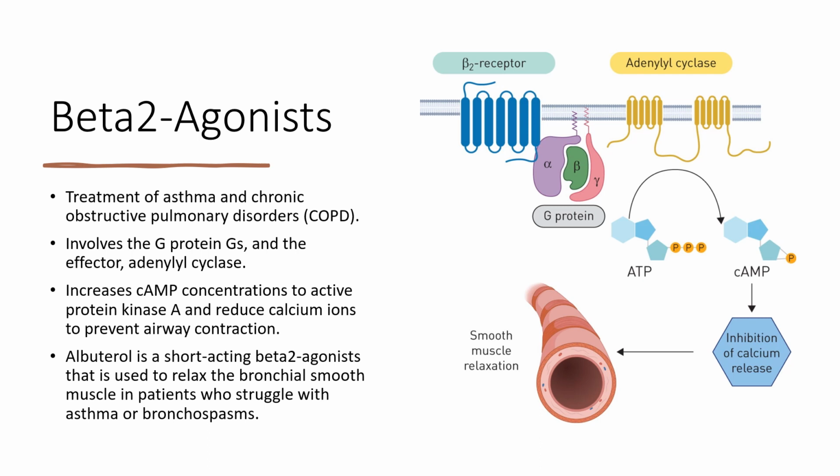Here it's going to make ATP, which converts to cAMP, which then inhibits calcium release, and then the smooth muscle is relaxed. An example of this is albuterol, which is a short-acting beta-2 agonist, which relaxes the smooth muscle for patients who are struggling with asthma or any kind of spasms.